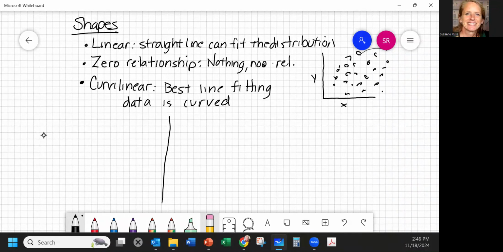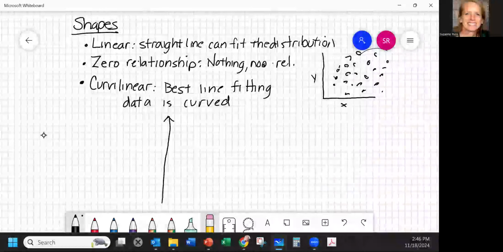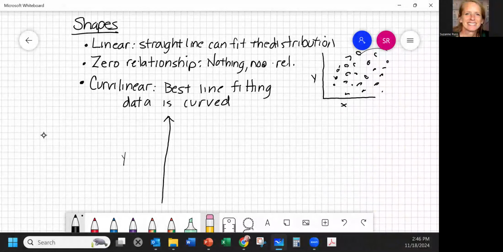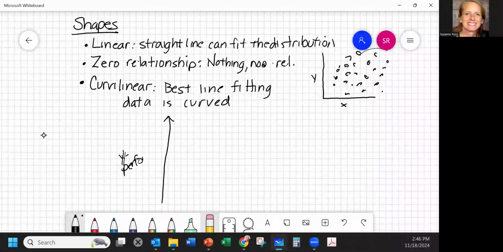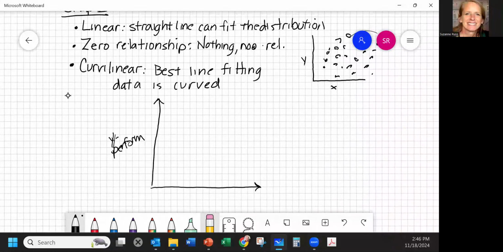So we will put here on the y-axis, we're going to put performance on a particular task, and on the x-axis, we're going to put arousal. And I'll write these on the side and define them for you in a moment. So our x is going to be arousal.